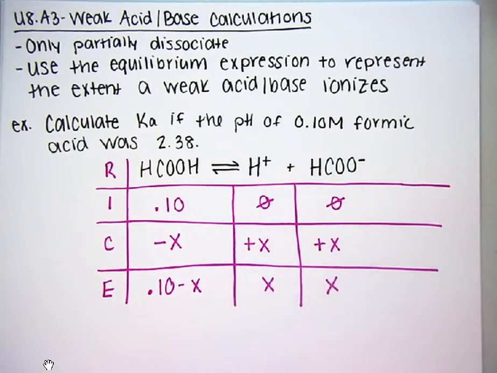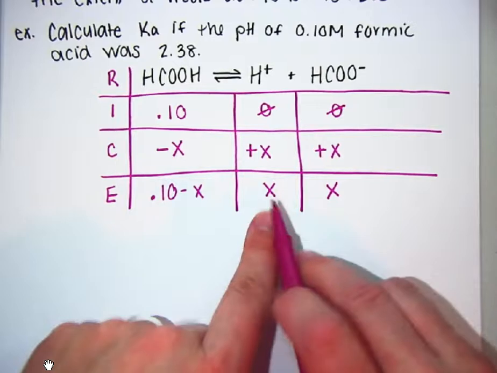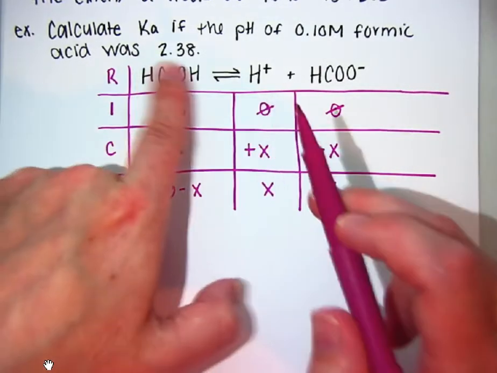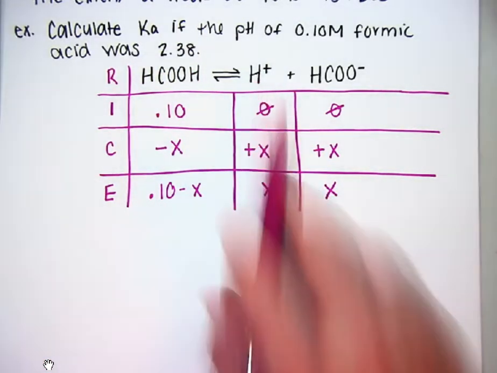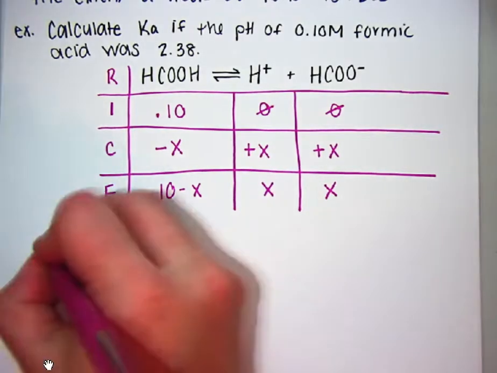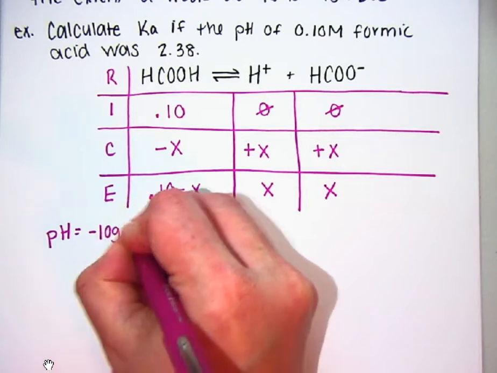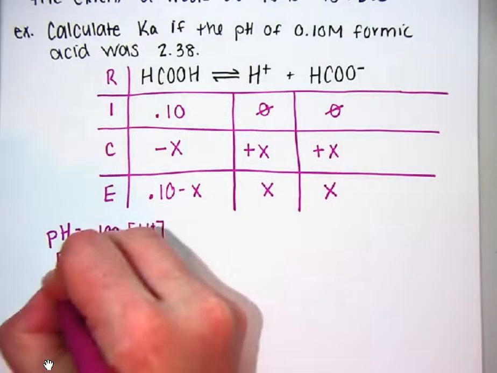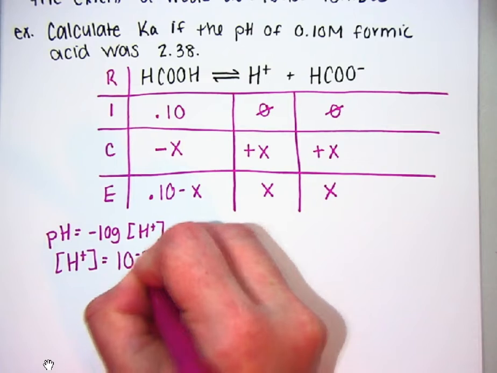Normally when we do RICE tables, after we fill out the table, step 2 is to determine x. We need to solve for x. X is equal to the hydrogen ion concentration. I know the pH, and if I know the pH, I can solve for H+. H+ is going to be equal to x. pH is equal to the negative log of H+, so H+ is equal to 10 to the negative pH.